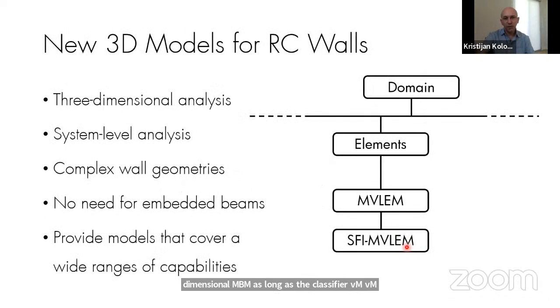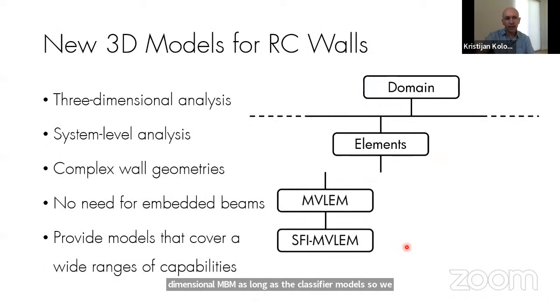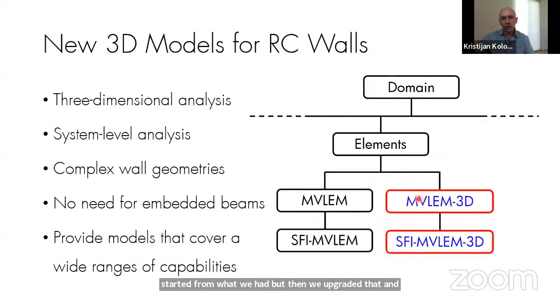So we started from what we had, but then we upgraded that and added another two into the OpenSees domain, and they were added, I believe, last year, somewhere in March or early last year. So these three-dimensional MVLEM models have been available in OpenSees for some time. And they're starting to be used, and I'm happy to see that they're also implemented now in STKO.